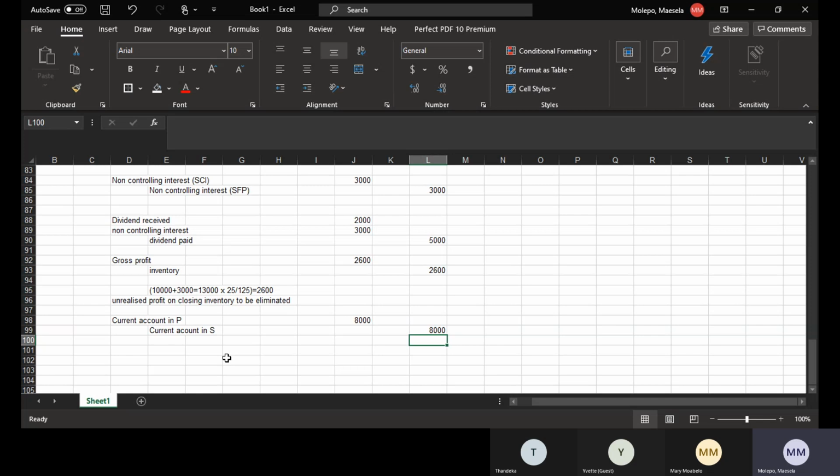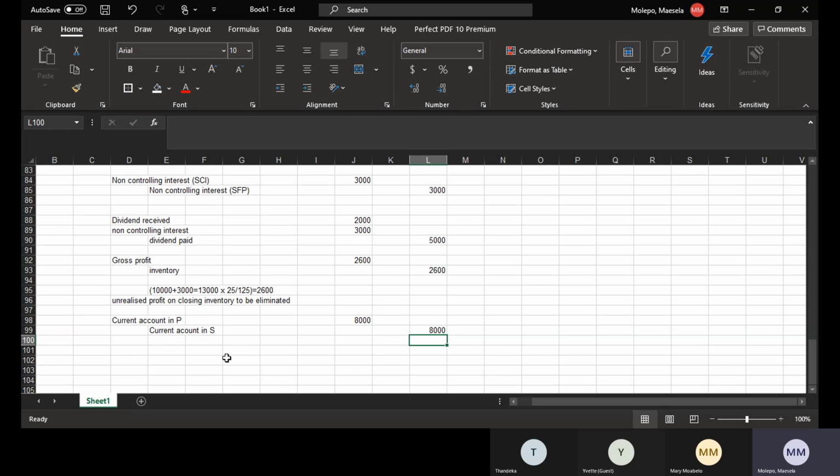So now we minus the 2.6 here because the inventory is not yet sold, because it's an unrealized profit. But if it was a realized profit, it was gonna be added back. So 70 plus 58 minus 7.5 minus 2,000 minus 2,600, they give you 115,900. So that 115,900 is going to represent your profit before tax.